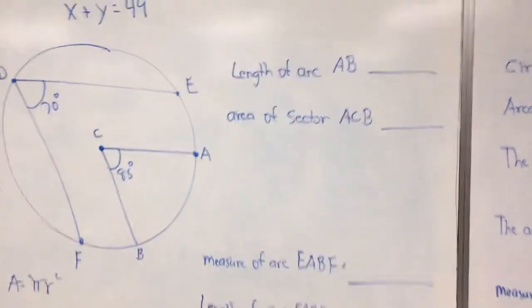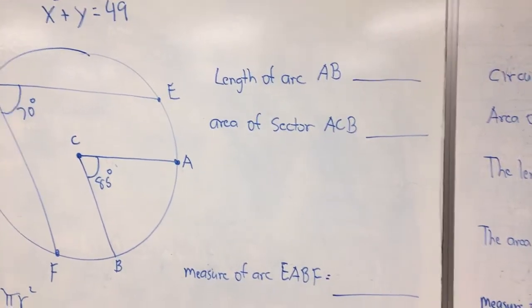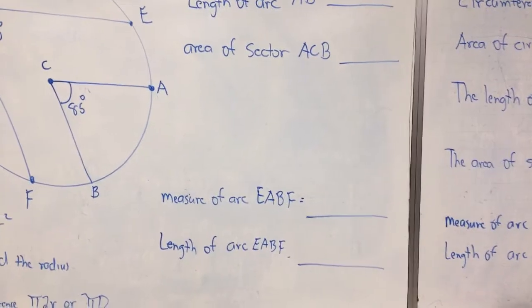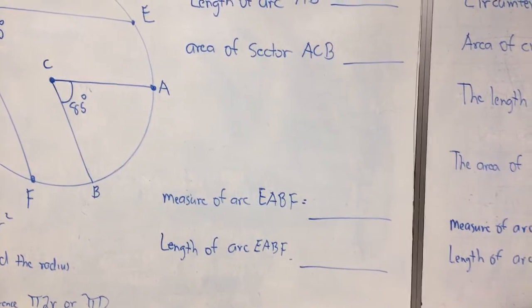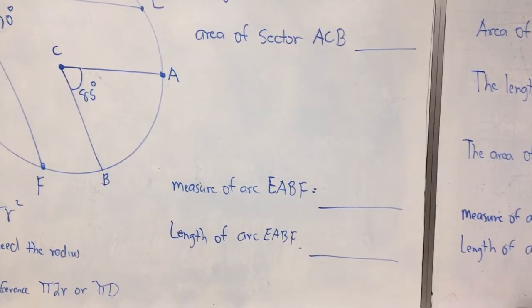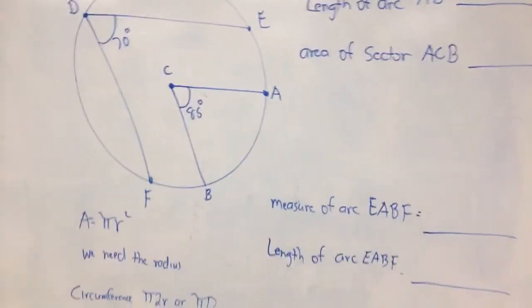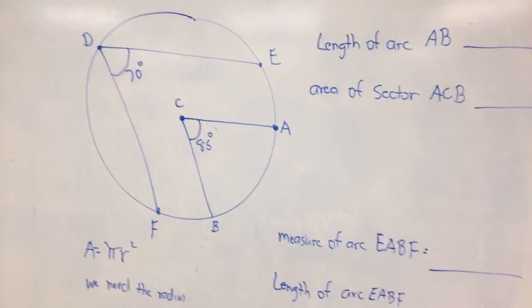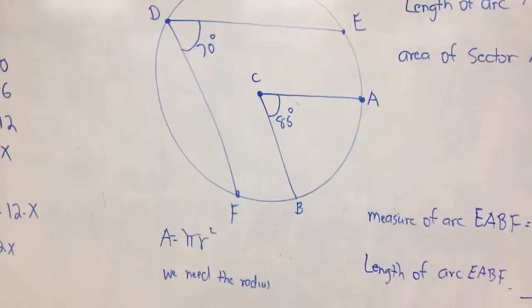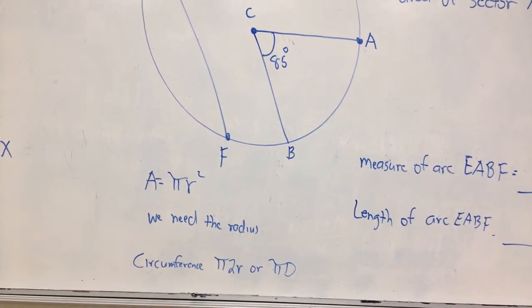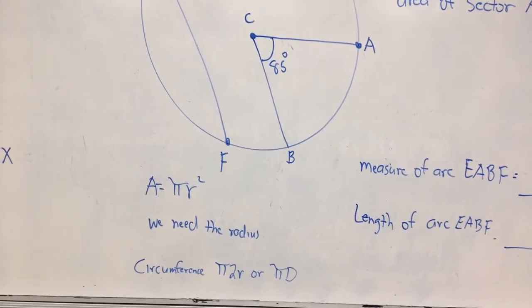So your questions read something like this. You're going to have to find the length of arc AB, the area of the sector ACB, the measure of the arc EAF or EABF, and the length of arc EABF. This is a very easy problem because we know the area of a circle is pi r squared, and the circumference is pi times 2r, or pi times diameter.